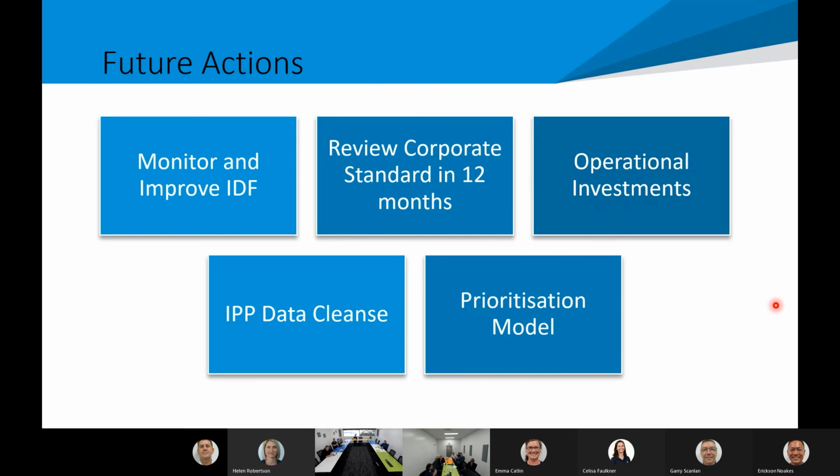The thing to note, I guess, is there are some data fields that will be filled out for all IPP projects that currently exist, and that will be done by 30th of June. They're the real core stuff that we need, like the status of the project and sponsors and that sort of stuff. The last one is prioritisation models. This is a guiding principle in the IDF policy that I don't think we've yet nailed, and I'm being really upfront about this.